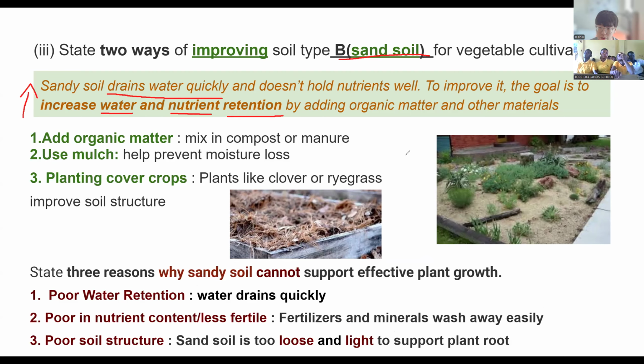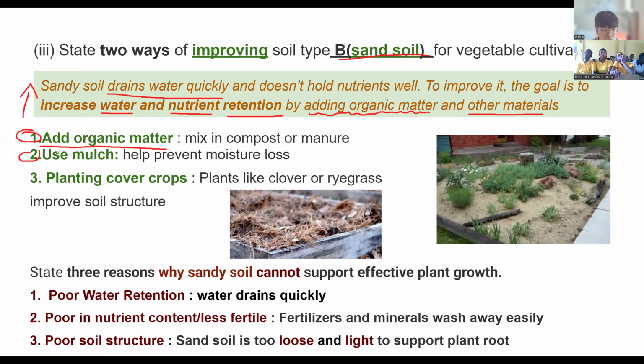So we want sandy soil to hold water and nutrients better. And we can do that by adding organic matter and other materials. So step number one, you can add organic matter. So you can mix in compost or manure. That works great for sandy soil to improve nutrients.